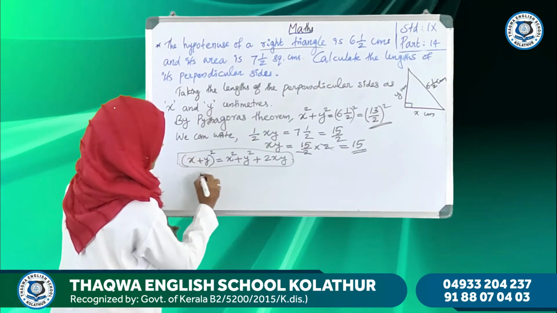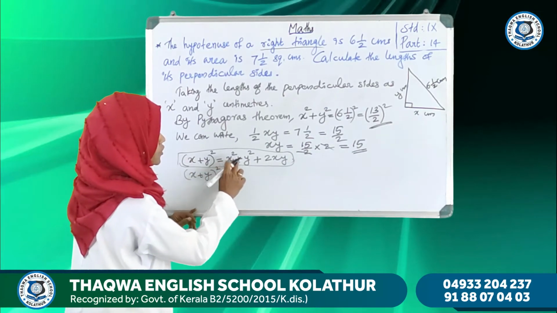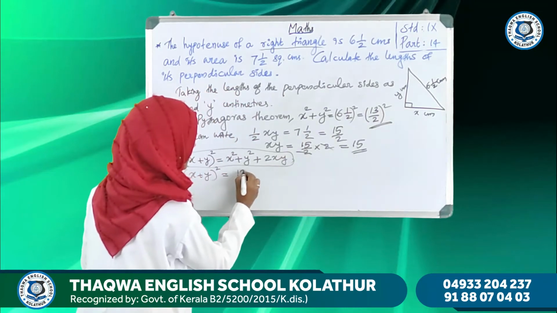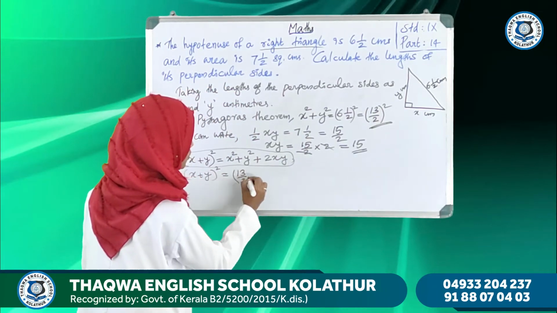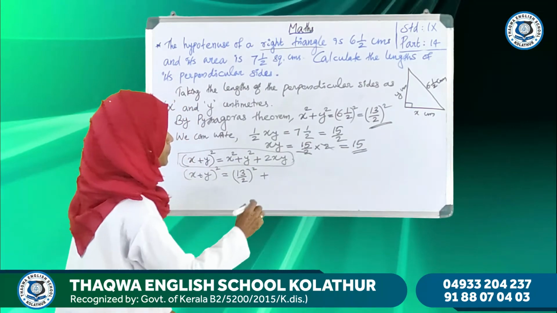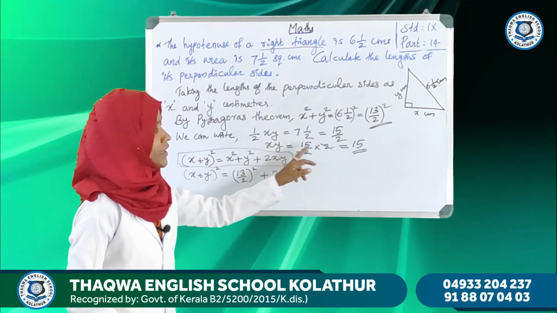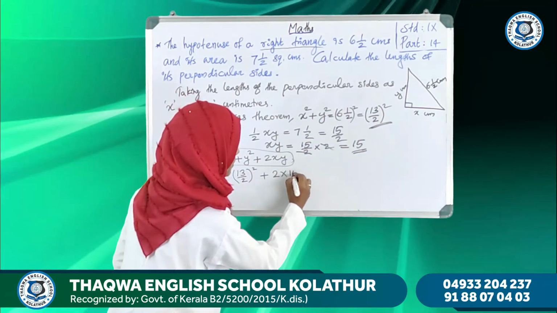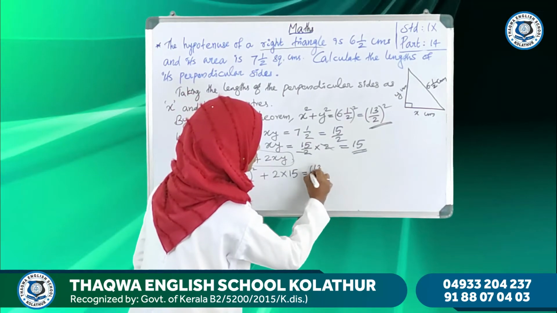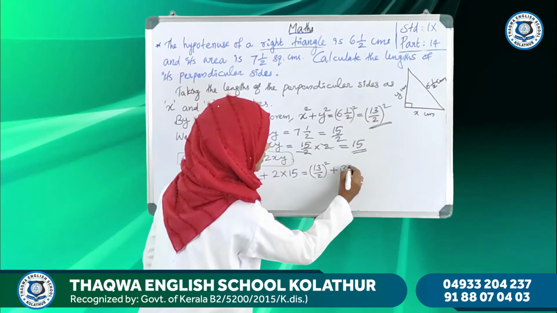Now x plus y whole square is x square plus y square, what is the value of x square plus y square? 13 by 2 whole square plus 2 into, what is the value of xy? 15. That is 13 by 2 whole square plus 30.